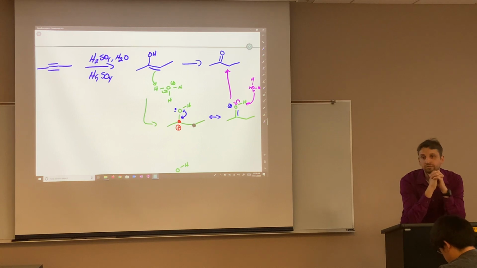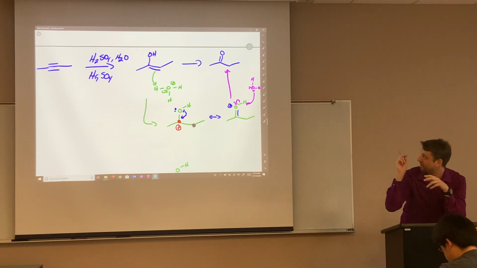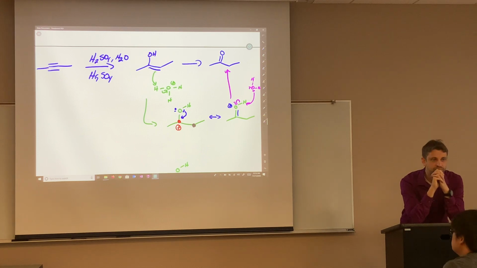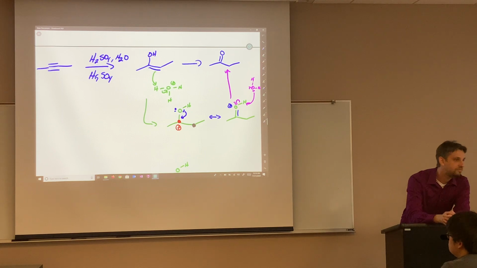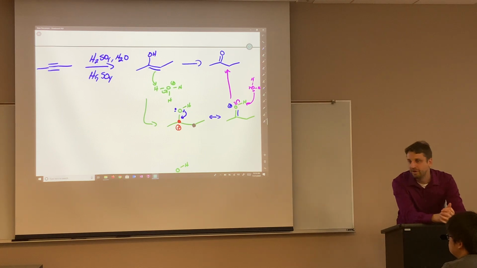Sure. What functional group did we make at the end there? The carboxyl. What's that functional group at the end? C double bond O. Ketone, right?